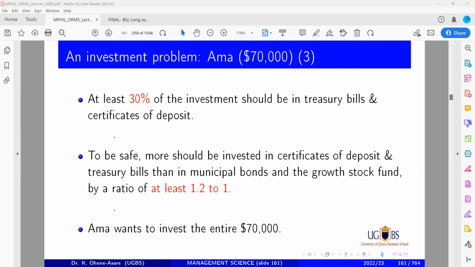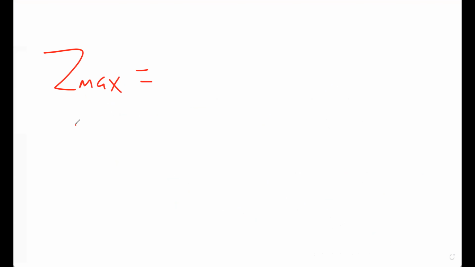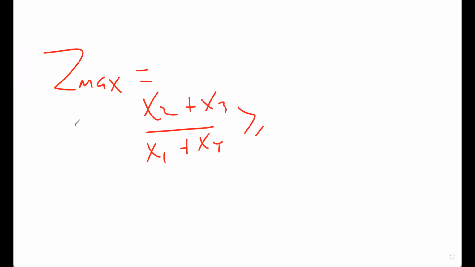Let me clear it and go to the board so that we can use the board. So if I were to understand what you're saying, which of course you're right, what you're indicating is that when you cross multiply, really speaking, because it was x2 plus x3 over x1 plus x4 greater or equal to 1.2 over 1.